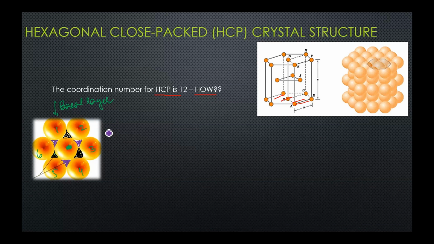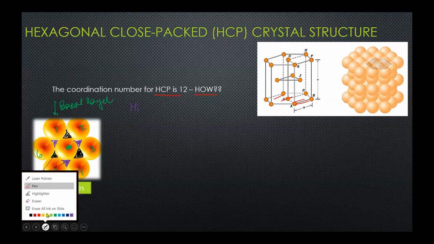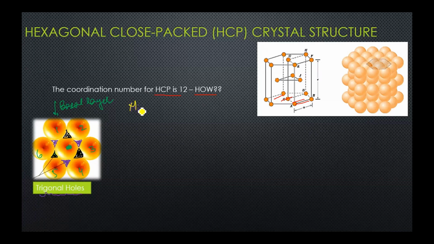All right. These cavities are essentially known as trigonal holes or trigonal voids. Now, you know that the second layer, which is the middle layer of atoms, which is this layer, would come on top of the basal layer.